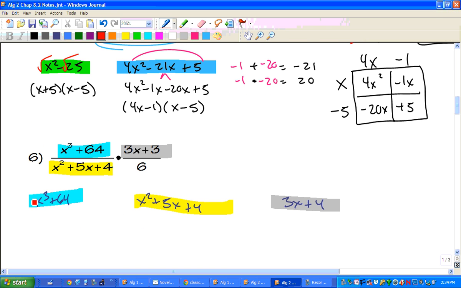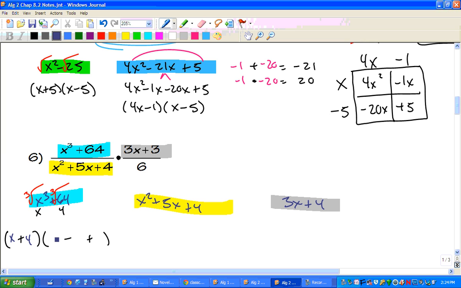X cubed plus 64 is the sum of two cubes, so we're going to follow the pattern: plus, minus, plus. The cube root of x cubed is x, and the cube root of 64 is 4. So x goes here, 4 goes here.